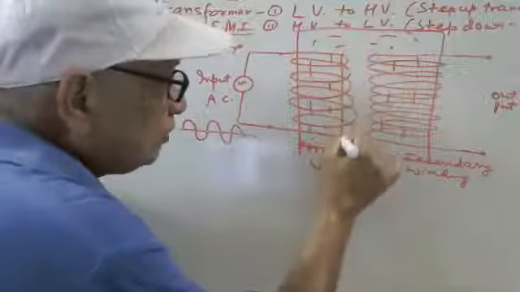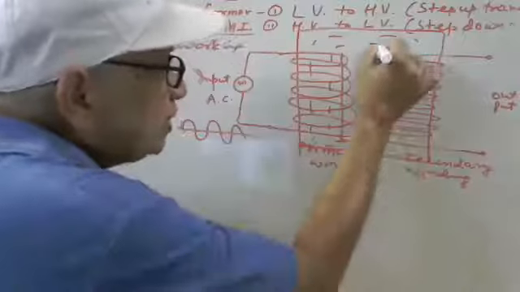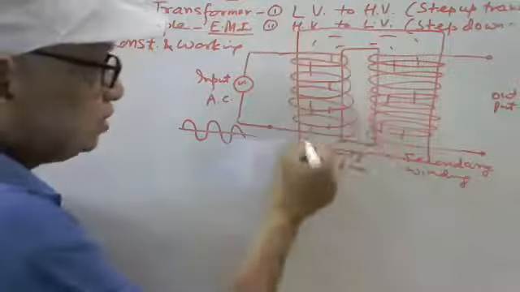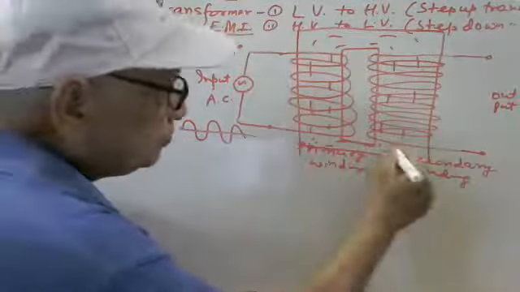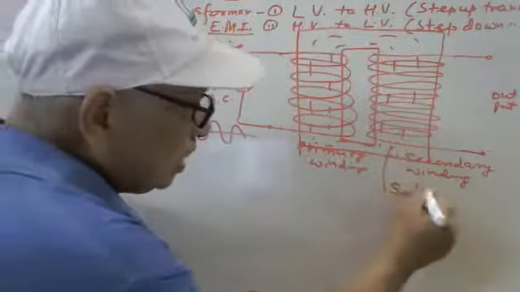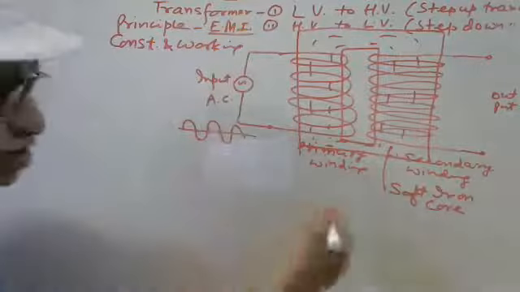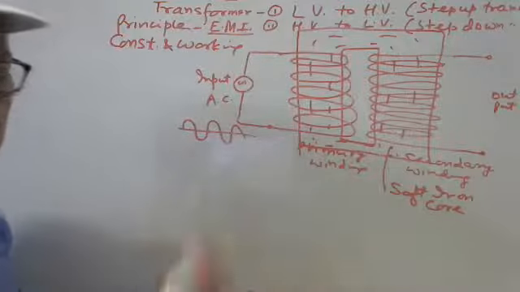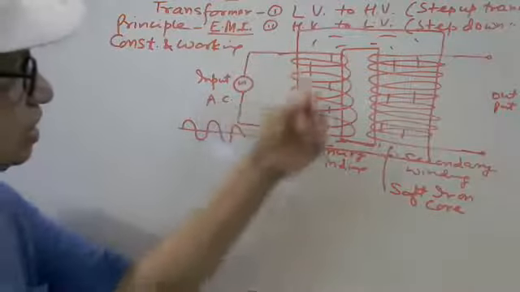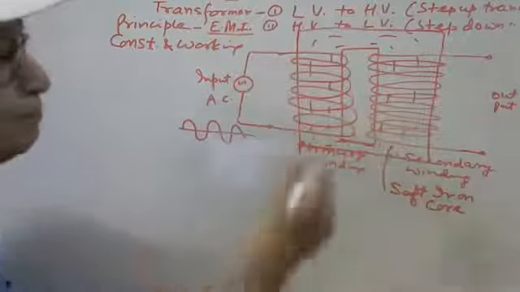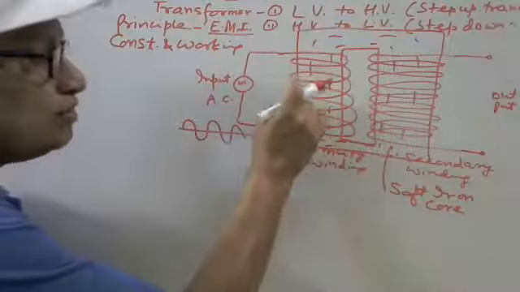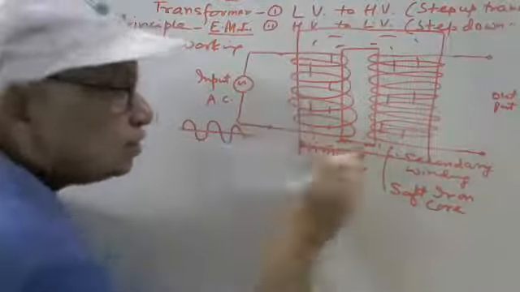Soft iron core permeability is very high. This is called soft iron core. Practically we take the soft iron, and these windings are wrapped around it, and now most of the lines of force are linking to the secondary.